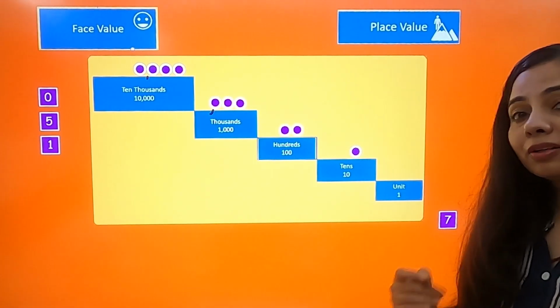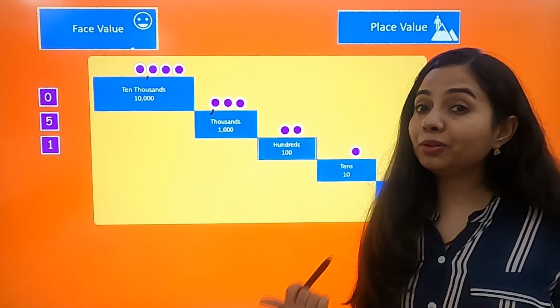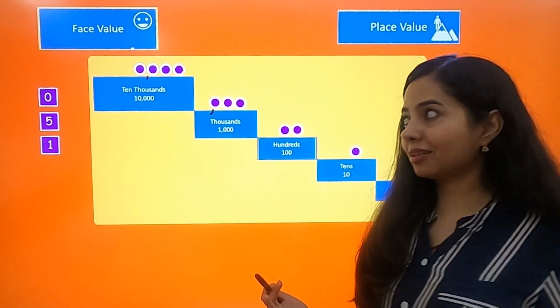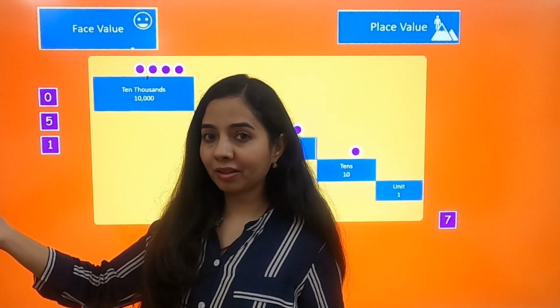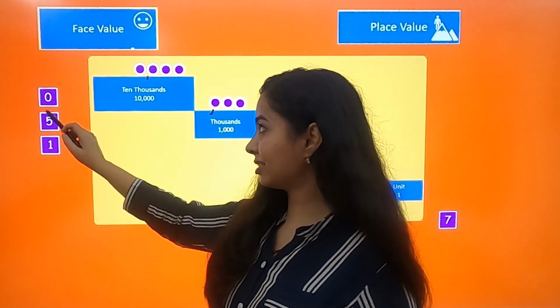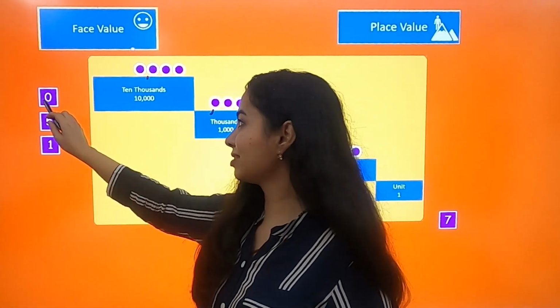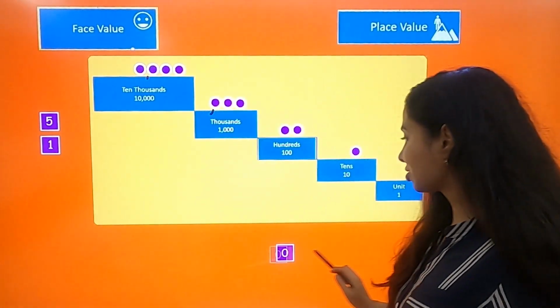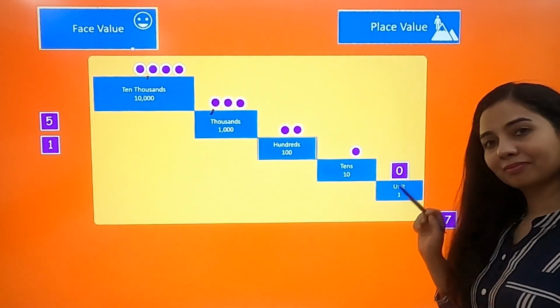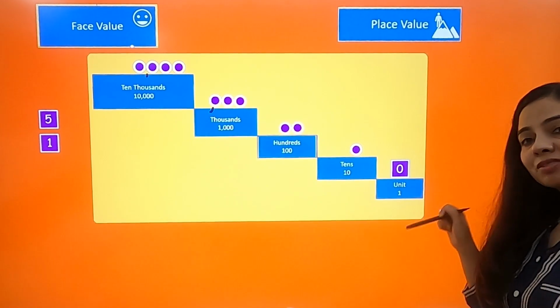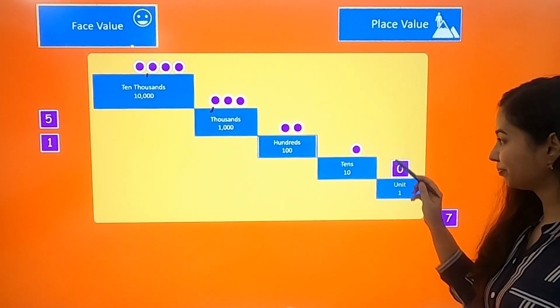Okay, so now let's experiment with another unique number. I will consider the most unique number amongst all the 10 digits, and that is the number 0. See, what is its face value? 0. What is its place value at units place? 0.